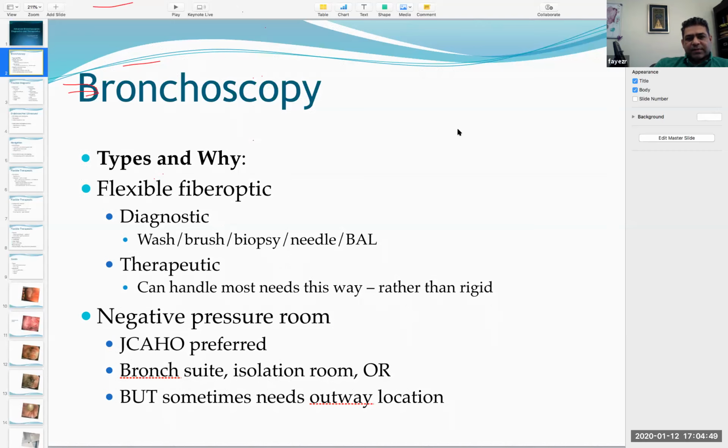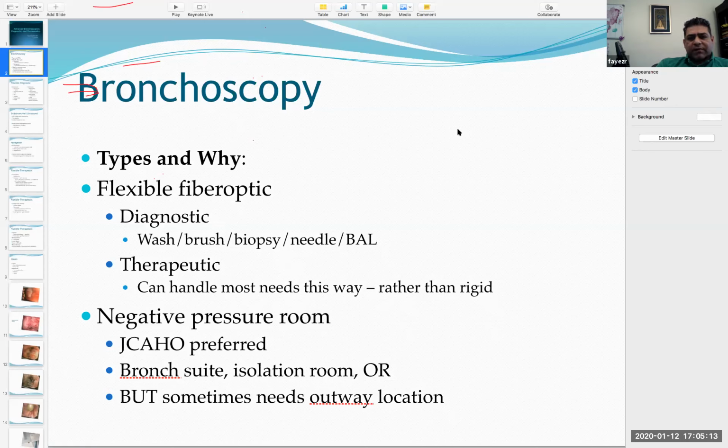Flexible bronchoscopy, usually you do it for a diagnostic purpose. So you can do a bronchoalveolar lavage, a bronchial washing, a brush biopsy, a forceps biopsy or needle aspiration. And therapeutic is done through the same method as well.